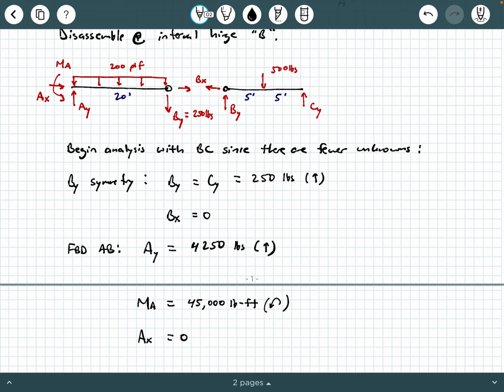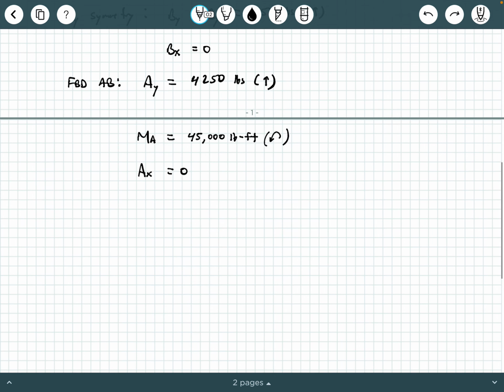All right, so now we're ready to draw our shear force diagram. So I'm going to go ahead and sketch that out. I've got my axes here, V, and I'm going to go ahead and use kips instead of pounds, just because I've got lots of thousands of pounds here.